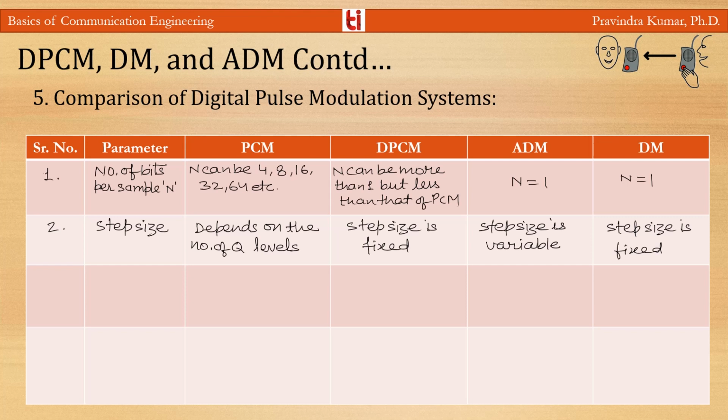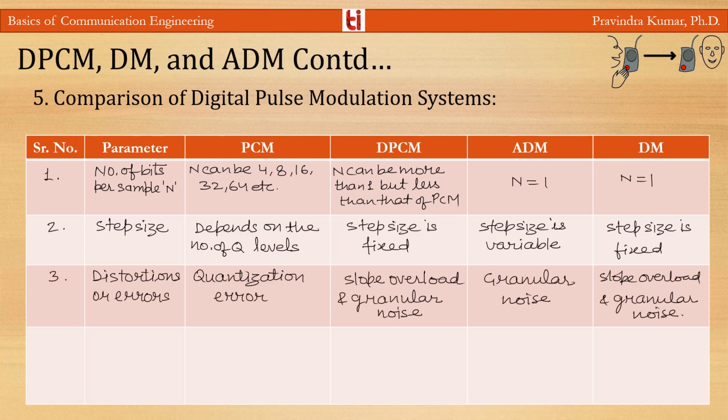And in ADM and DM, the number of bits per sample is equal to 1. And if we talk about the step size, in PCM it depends on the number of Q levels, in DPCM the step size is fixed, in ADM the step size is variable, and in DM the step size is fixed.